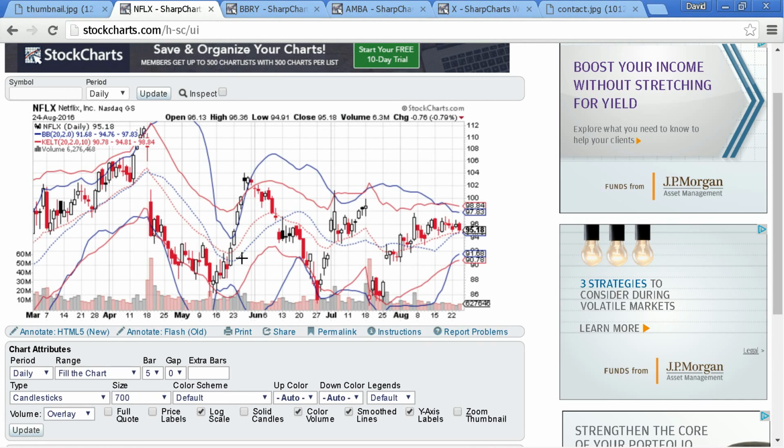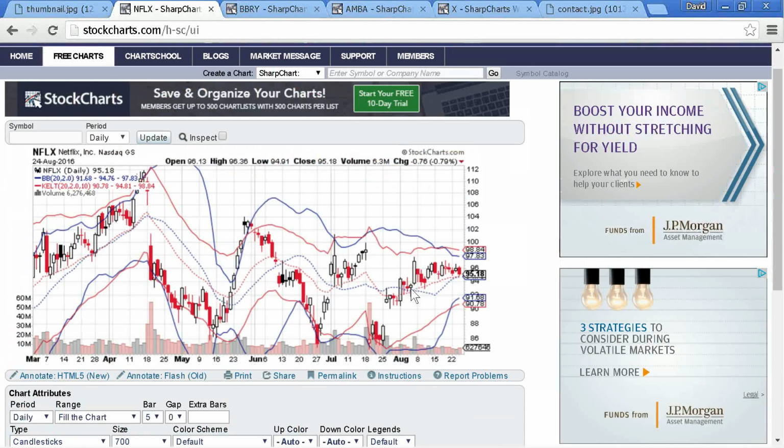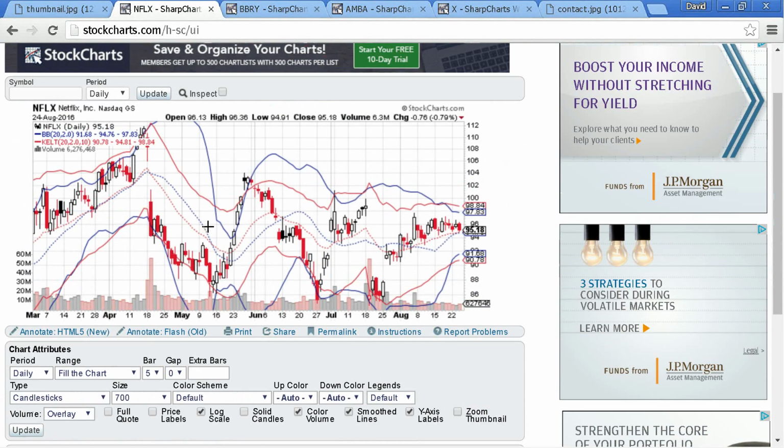Well, what you can do is go to stockcharts.com and put on both the Bollinger Bands and the Keltner channels, on their standard settings if you want to, like I do. And when the Bollinger Bands, both of them, are inside of the Keltner channels, meaning the top and bottom band are within the Keltner channels, you can call that a squeeze.